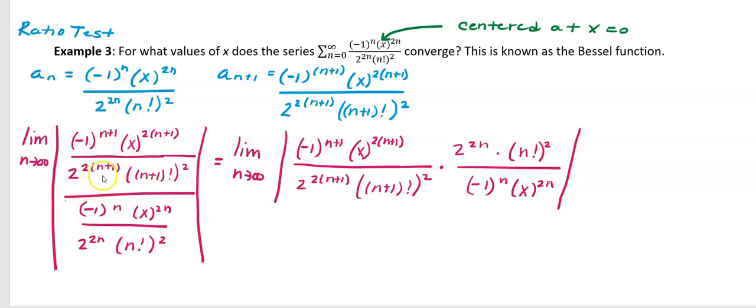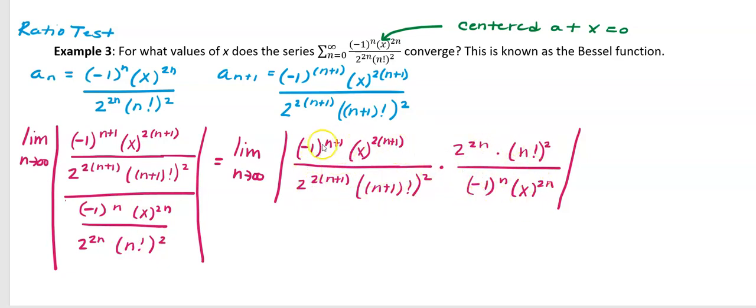So we have a sub n plus 1 in the numerator and a sub n in the denominator. Because we have a fraction being divided by a fraction, you can take the denominator and do the reciprocal. So that's what I rewrote over here.